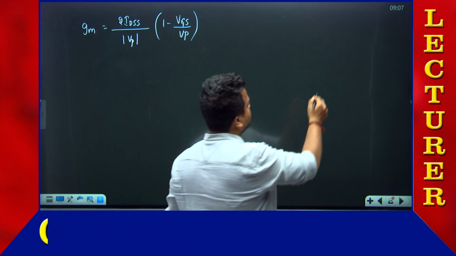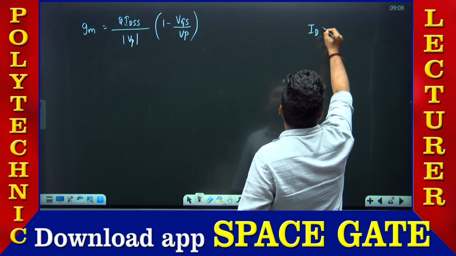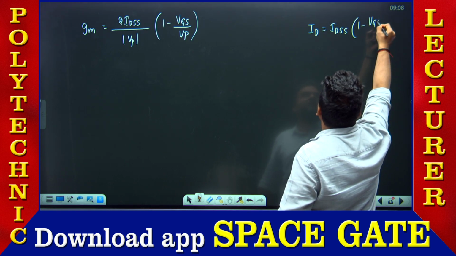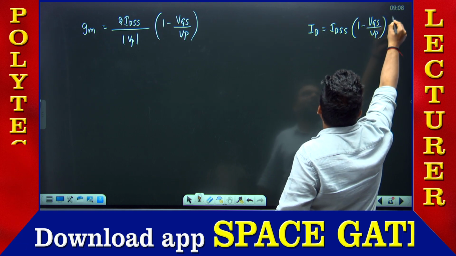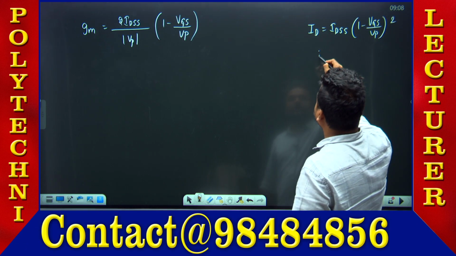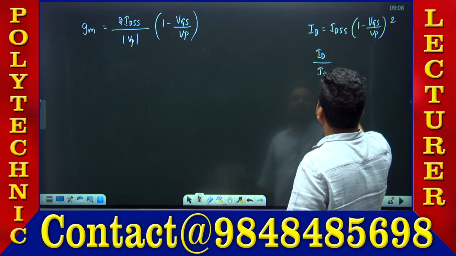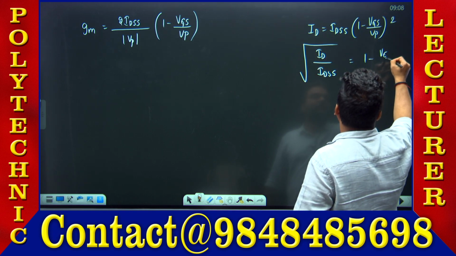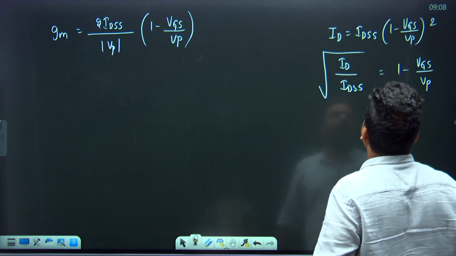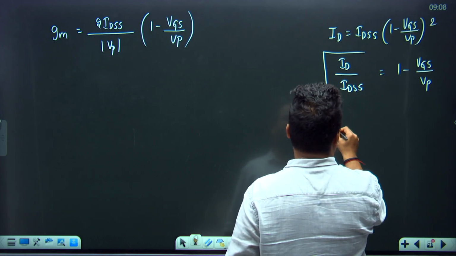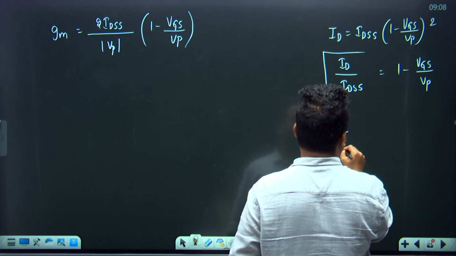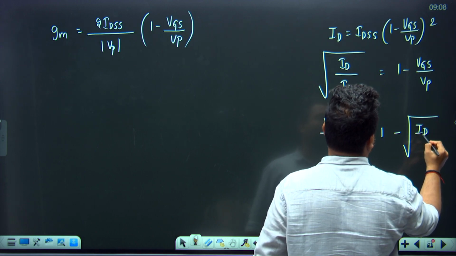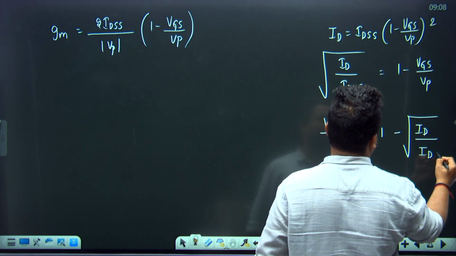Guys, the same expression, let us take the drain current ID, that is IDSS into 1 minus VGS by VP whole square. Now guys, you move the terms, ID by IDSS under root, you will get it as 1 minus VGS by VP, and again you move the terms, VGS by VP is 1 minus square root of ID by IDSS.